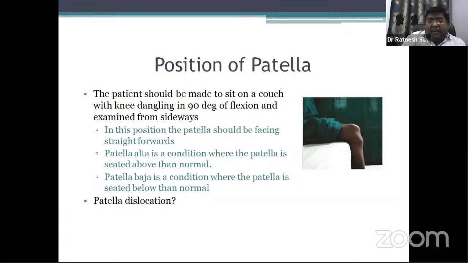But in case of patella alta, you can see the patella is seated above the normal position, like in this picture, and it's facing up. While in case of patella baja, the patella is seated below the normal level. You can also see the lateral position of the patella in case of patellar dislocation. That could be acute or could be habitual also.